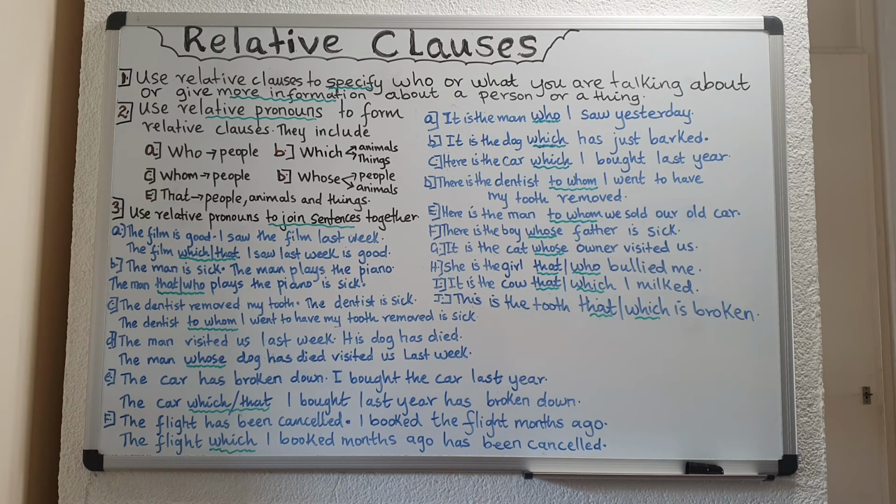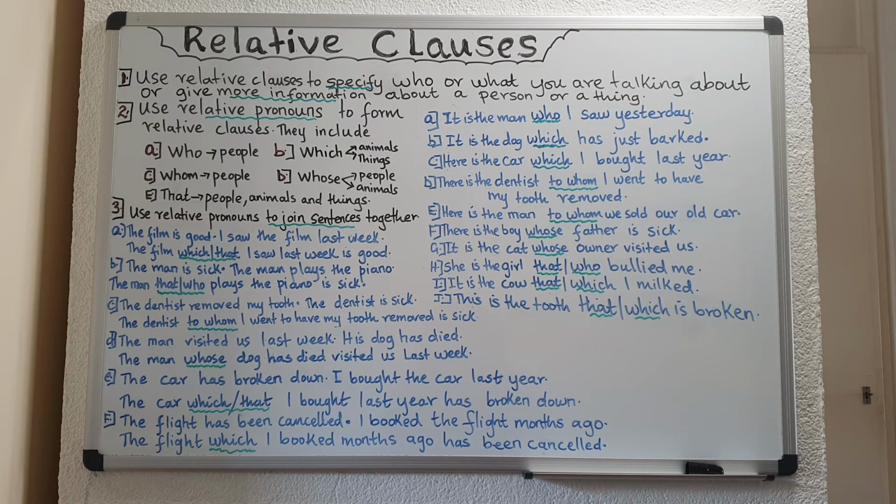You can replace that with who in this case, because we also use that for people, animals, and things. I always tell my students, when you're confused about which relative pronoun to use, always try that. That will often work unless you're talking about possession, because then you have to use whose.